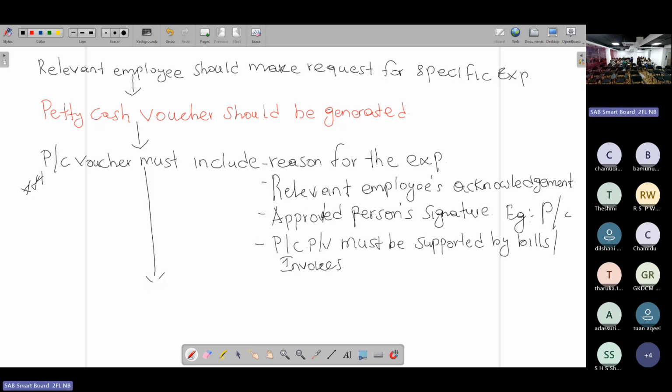Last point, after the end of the month, or after a given period of time, let's say the end of the month.